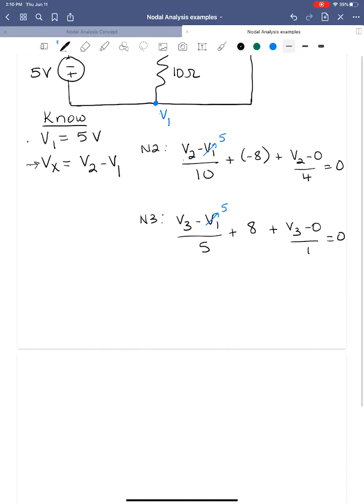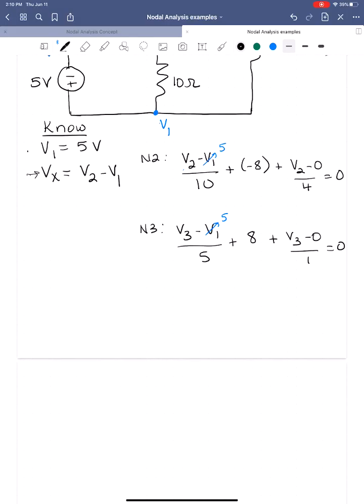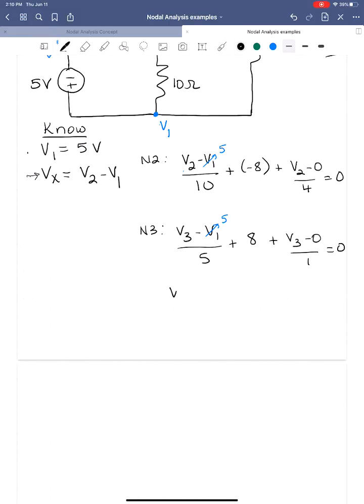So we're going to solve these two equations, these two unknowns, and when you do that, you'll get that V2 is equal to 24.29 volts, and V3 is equal to minus 5.83 volts. Those are our two node voltage variables.